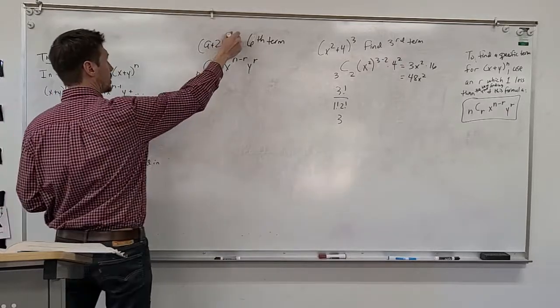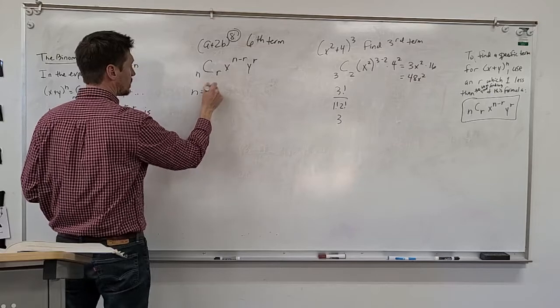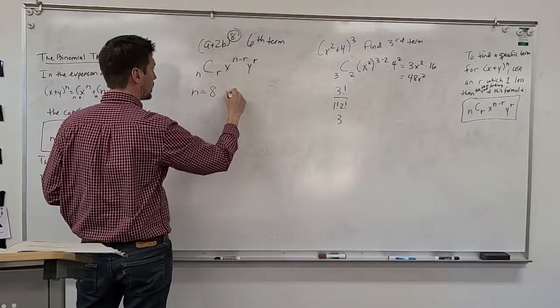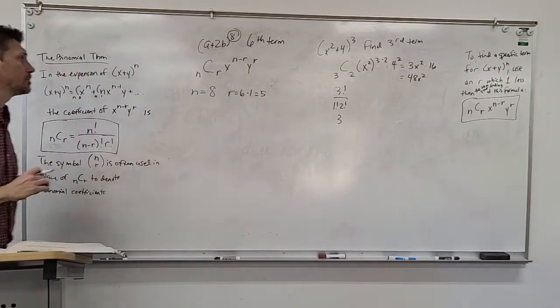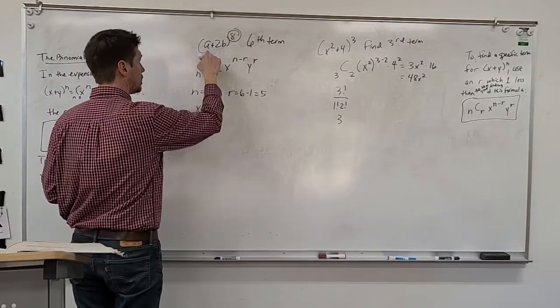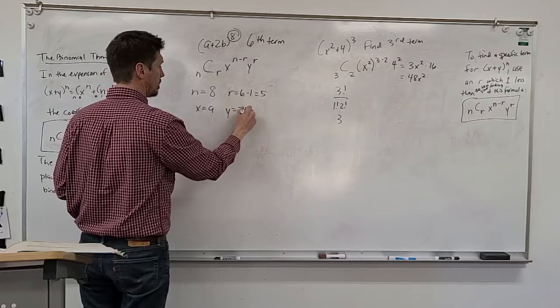So n again is taken directly from this, right? So let's identify our values. N is equal to 8. R is 1 less than the term we're trying to find, so r is 6 minus 1, or 5. X in this particular example is a, and then y is 2b.